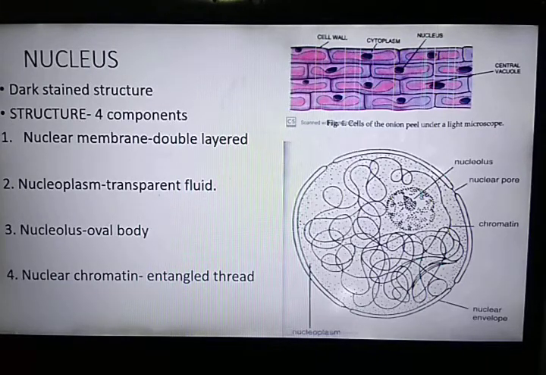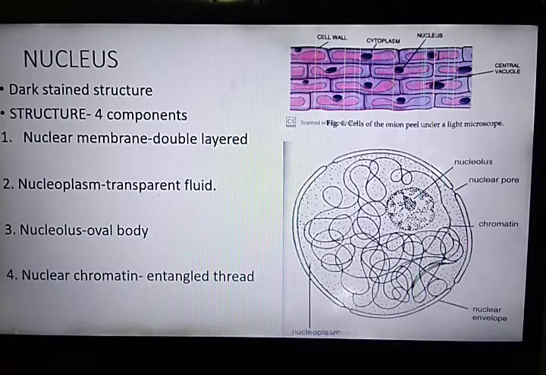Now we will start with the next topic, nucleus. Do you remember when we prepared an onion peel slide or cheek cell slide, after staining the cells, when we observe them under a light microscope or compound microscope, we see different structures having different colors.